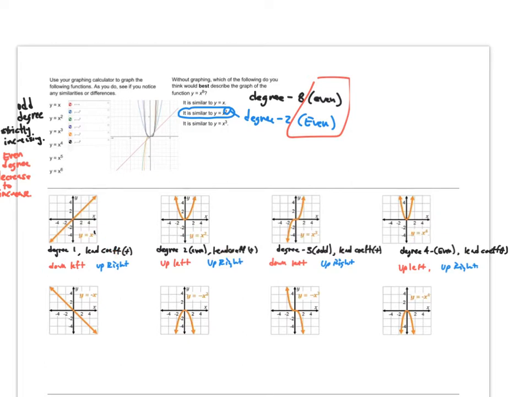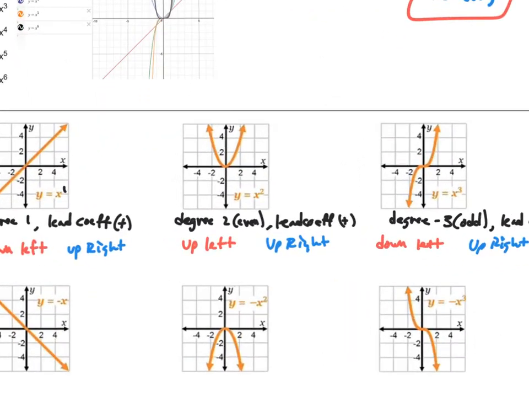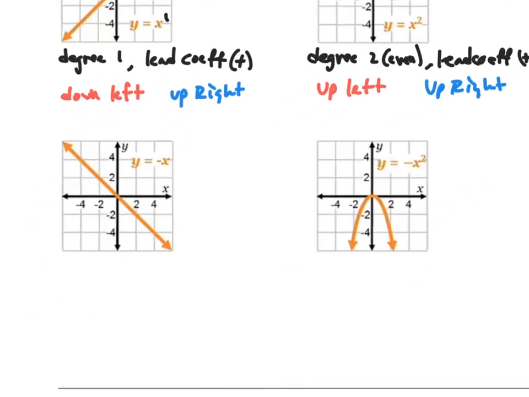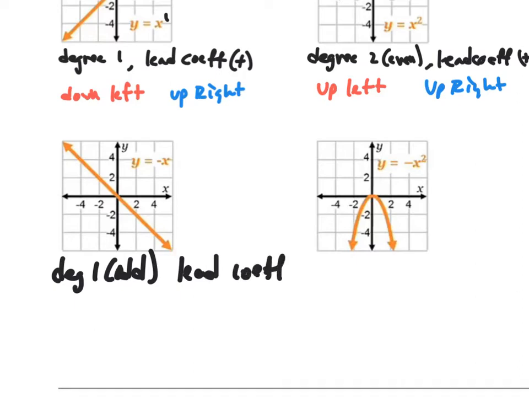But what happens when our leading coefficient is negative? So here you've got degree 1, which is odd, and the leading coefficient is negative. So that means that we're going to go up to the left and then down to the right.